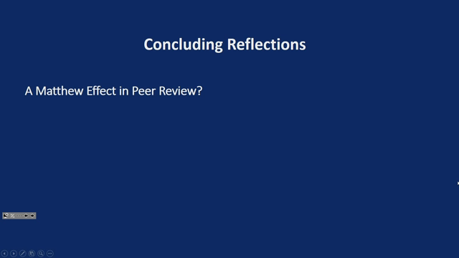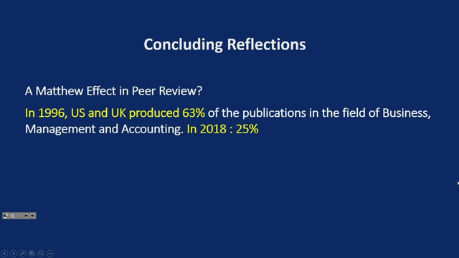And this evidence is kind of worrisome if we take into consideration that in recent decades there has been a massive shift of the scientific production to such peripheral and developing countries. For example, in 1996, the US and UK produced 63% of the publications in the field of business, management and accounting, and in 2018 it was 25%.